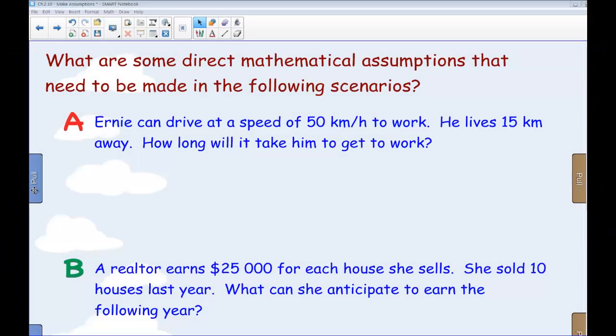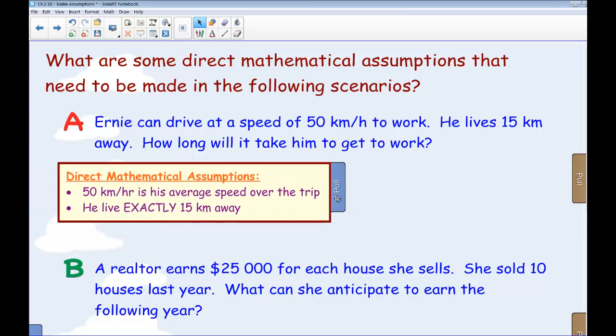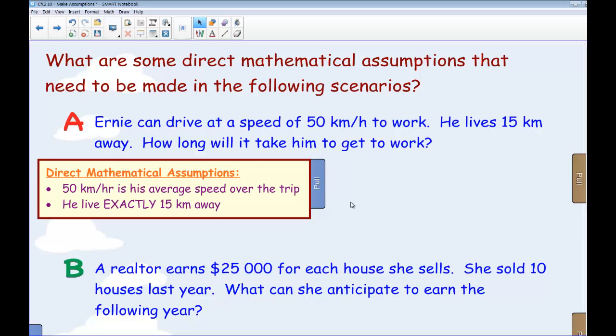Okay, so for the first question, here are a few of the assumptions that I made. Just keep in mind that these are not the only assumptions possible, but these are some of the ones I came up with off the top of my head. Based on the question, Ernie is driving at 50 kilometers per hour to work.